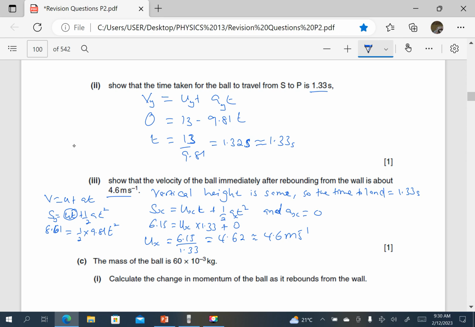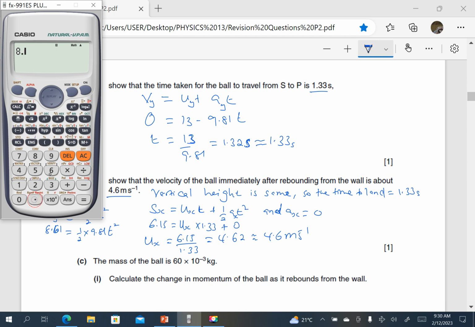The time it is going to take to arrive back, because it starts with 0 in the vertical. At rebounding, it rebounds initially horizontally, so the initial velocity in the vertical is 0. So we have 8.61 times 2 divided by 9.81. Then we find the square root of the answer, which is approximately 1.33.